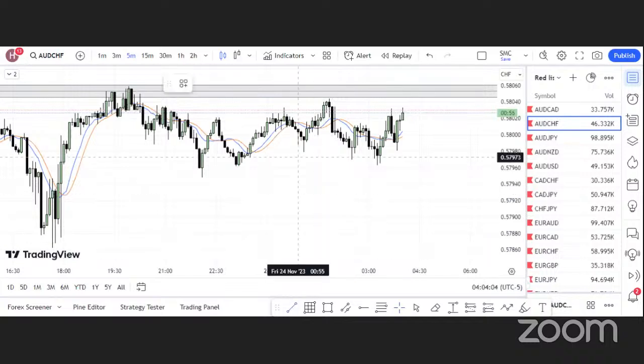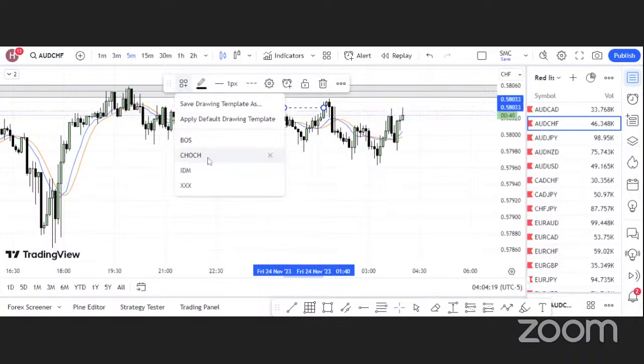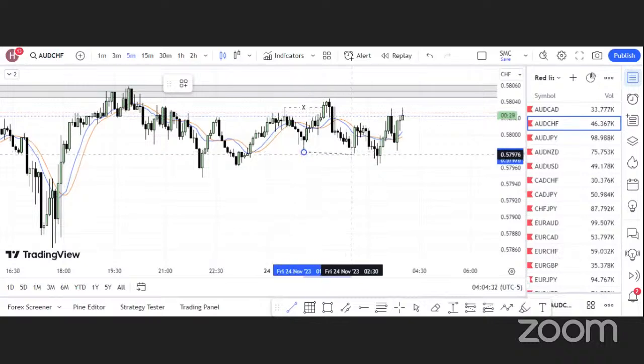Liquidity got taken here. So right now the market is inside the zone. Let's see what we can do here.